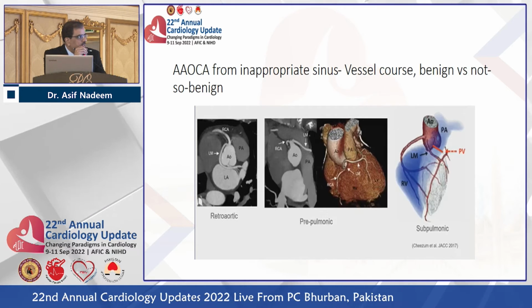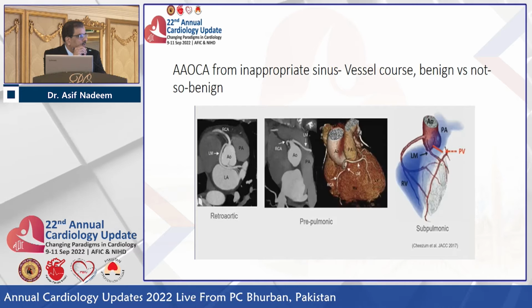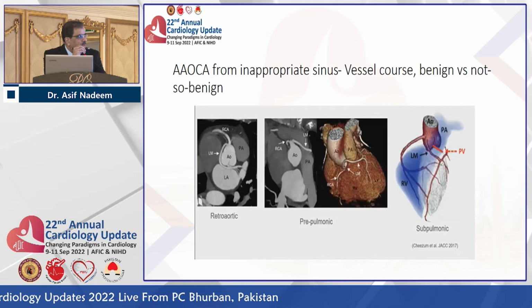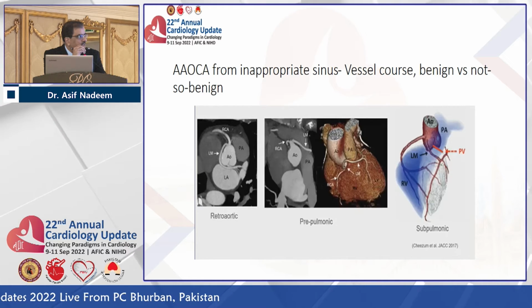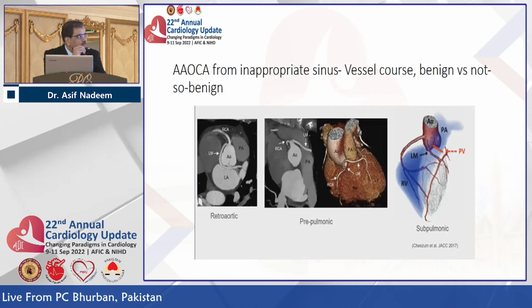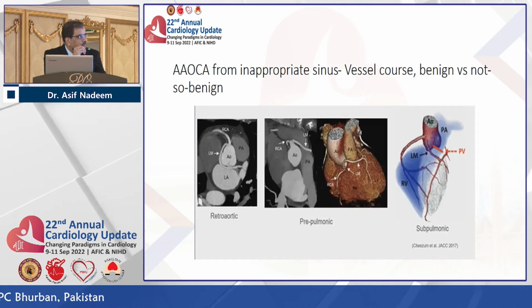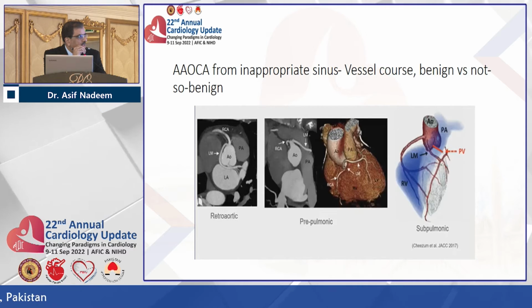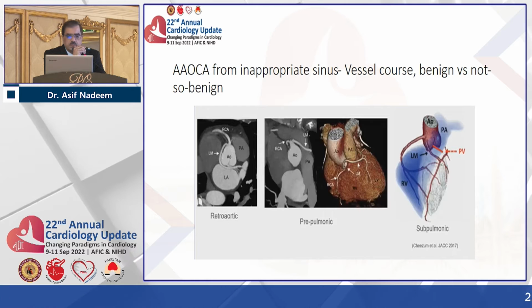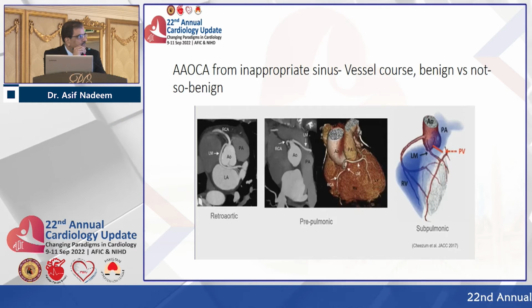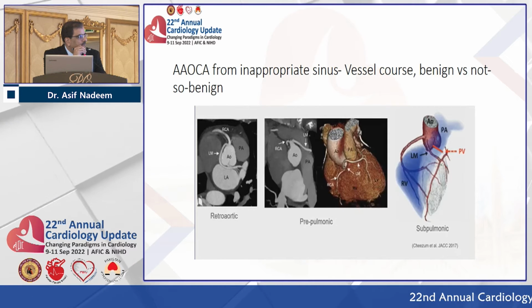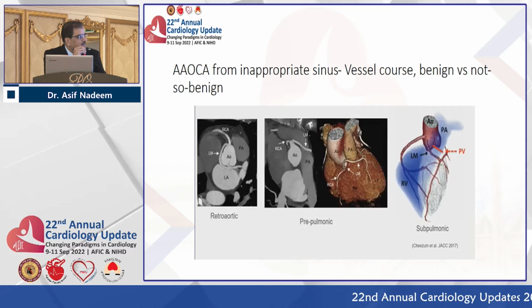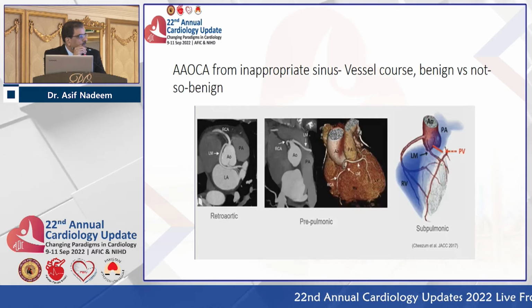Similarly, this is a subpulmonic course. This is a little difficult to understand, because here you have to displace this artery, which is the pulmonary artery. So this is the pulmonary artery, and this, although originating from the abnormal place, is passing subpulmonically. So again, it is safe, although abnormal, it is safe.